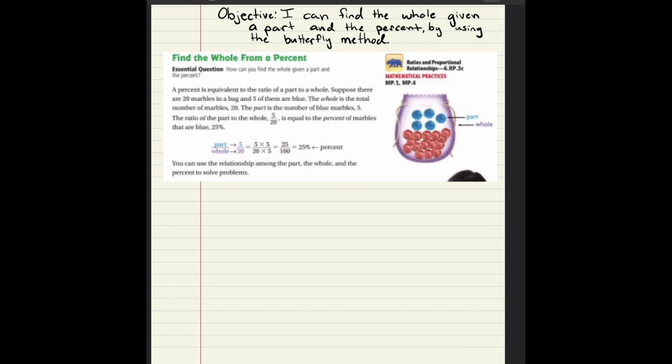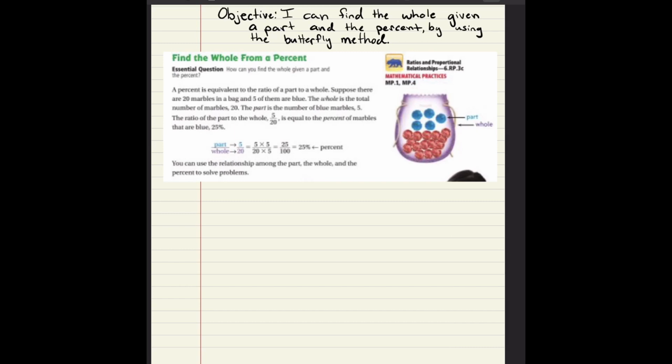The ratio of part to whole is 5 to 20, and is equal to the percent of marbles that are blue, which is 25%. In here they show you how the part and the whole work and how you would get 25%. So you can use the relationship among the part, the whole, and the percent to solve the problem.